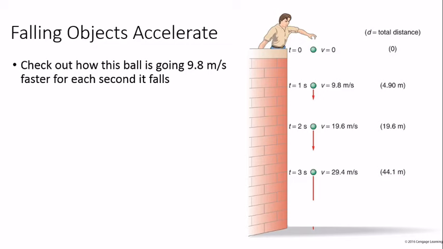In the third second, if you were able to capture how fast it's falling, it's now 3 times 9.8, or 29.4 meters per second. And then at 4 seconds, right before it hits the ground, it's falling at 4 times 9.8 meters per second, or 39.2 meters per second.